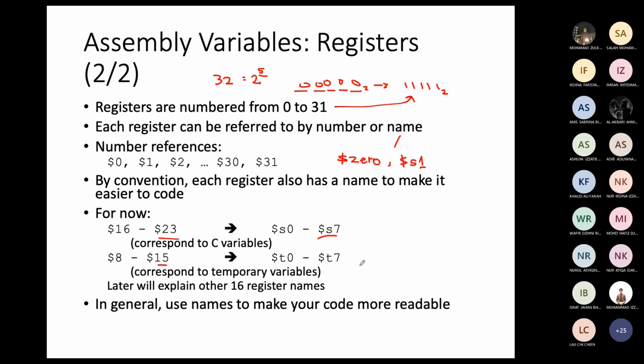Later, I will explain the other 16 register names. In general, use names to make your code more readable compared to the numbers. Using the names is much more readable for you to write the code.